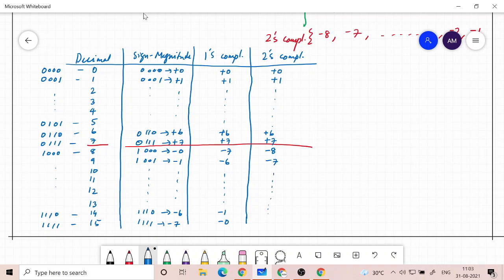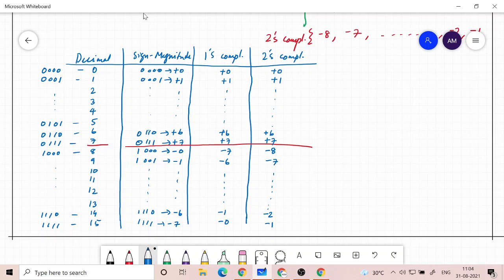And then you have minus 2, minus 1. Okay, so this is how it is related. So sign magnitude form, where you have one dedicated bit showing the sign and the remaining bits show the magnitude.